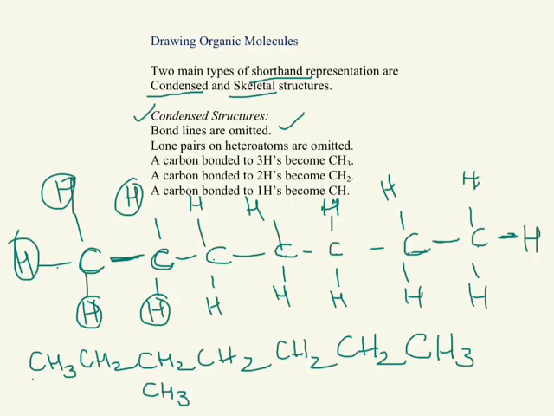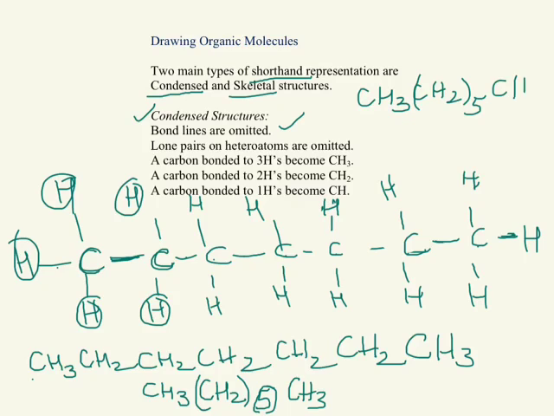So then we can write CH2, put parentheses and put 5, which means that 5 CH2 groups are bonded together, and then CH3. So here I'm going to write one more time, CH3, CH2, 5, CH3. So that's the condensed structure of this compound.